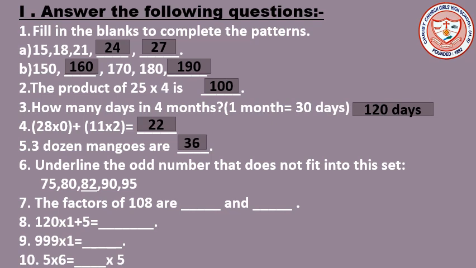Yes, the answer will be 12 and 9, because we know 12 into 9 gives us 108. Okay, so here the factors are 12 and 9. And what is the product here? Correct. The product is 108. Okay.